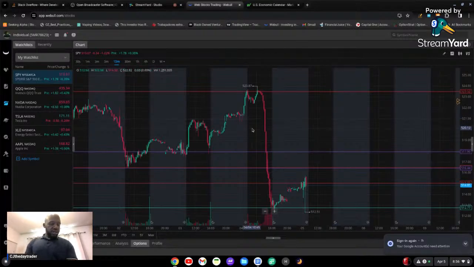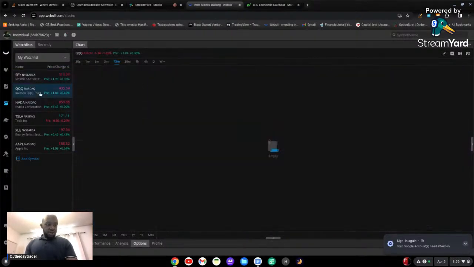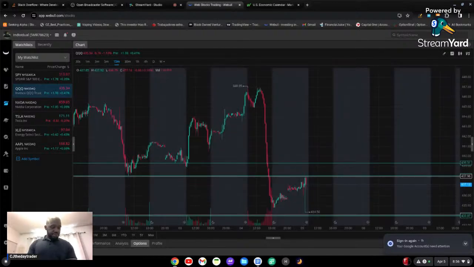Let's check out the Qs. Qs are kind of the same thing. You can see back on April 2nd we made the support zone here, lows of 438.20, so we'll call that 438.